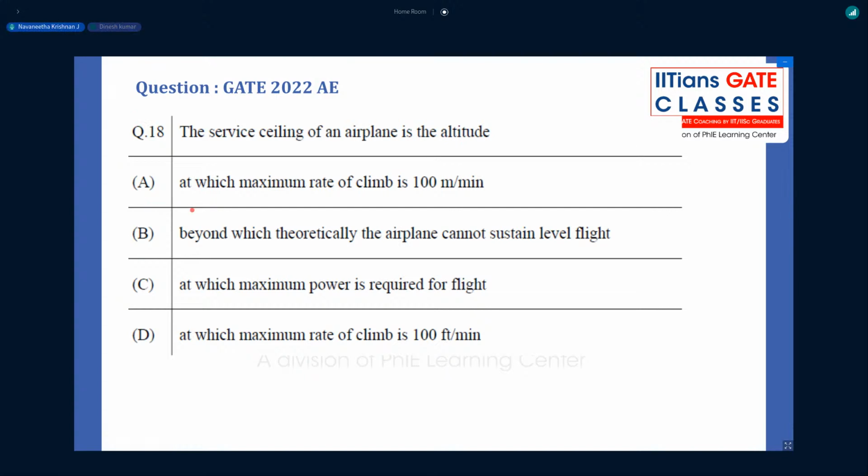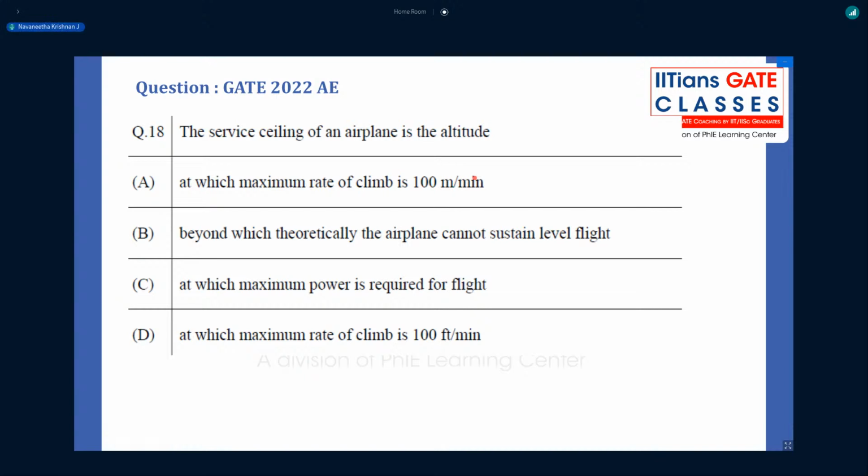Option A, at which maximum rate of climb is 100 meter per minute. Option B, beyond which theoretically the airplane cannot sustain level flight. Option C, at which maximum power is required for the flight. Option D, at which maximum rate of climb is 100 feet per minute.